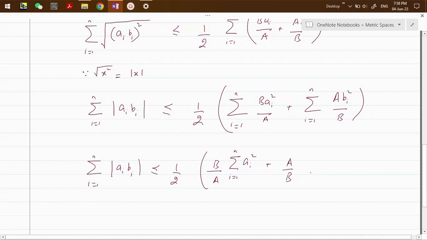A over b is independent of i, it is taken out and we get summation i from 1 to n bi square.